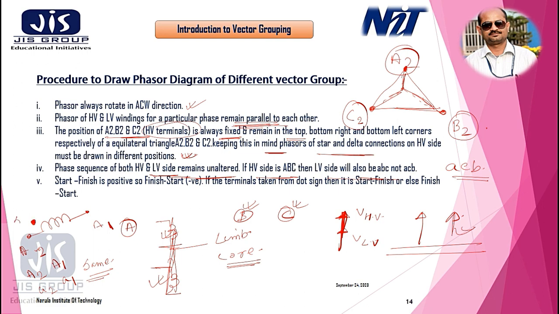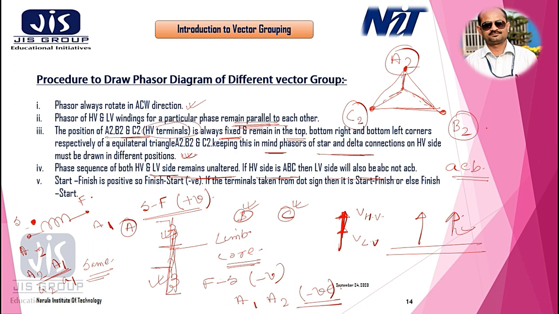This is the start of the winding and this is the finish. So start to finish is positive, and finish to start is negative. That means A1, A2 is negative.